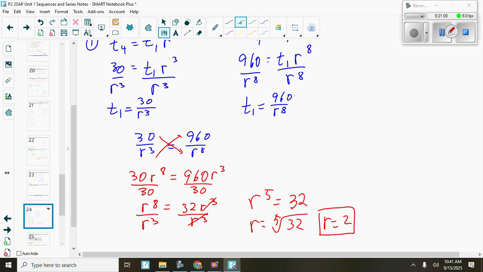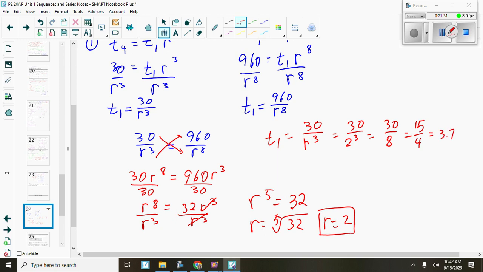So in that case, we could just go back to our formula. Once we have R, we just say T1 is equal to 30 over R to the power 3, which is 30 over... and in fraction form, we keep it as 15 over 4.